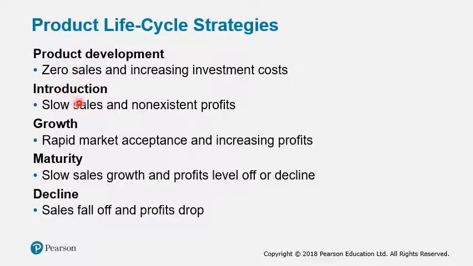Then in the introduction, there will be slow sales and no profit. The second stage, growth, is when there is rapid market acceptance and increasing profit, where you can see your sales growing tremendously. Next is the maturity stage, where there will be slow sales growth and profit levels off or even starts to decline. And at the decline stage, of course, the word decline means your sales are going down. Sales fall off, and profit starts to drop.